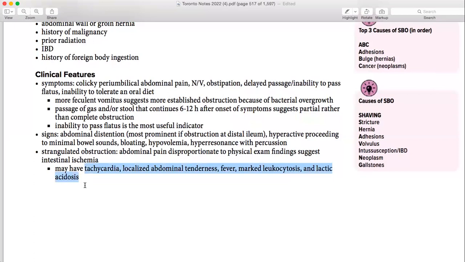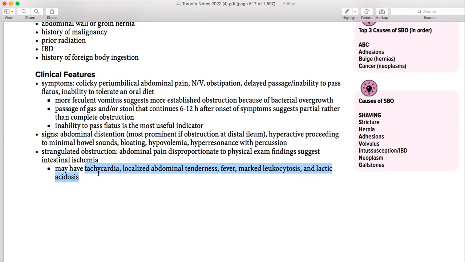So these, I was about to read from there, but here it is already written. If pain out of proportion presents with fever, leukocytosis, or lactic acidosis, sometimes they do tell you about lactic acidosis, sometimes they don't. So you have to know if a female or male is presenting with out-of-proportion pain. If she is presenting with pain and not passing any flatus, this is small bowel obstruction.